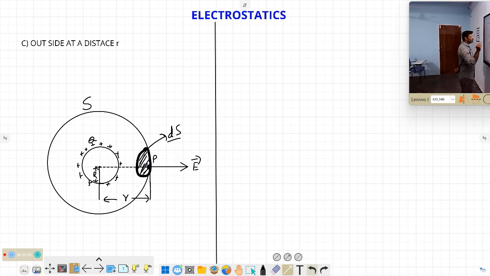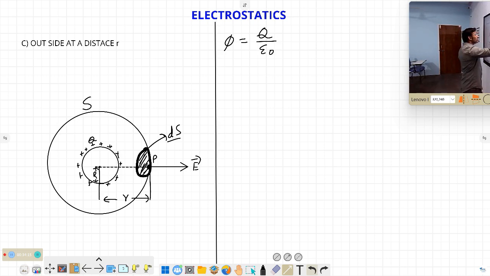Now we need to find the electric field intensity at that point. To find it through that small area, apply the formula. According to Gauss theorem, the flux is the total charge enclosed times 1 by epsilon naught. Here all the charge Q is within the Gaussian surface, so the flux is Q by epsilon naught.